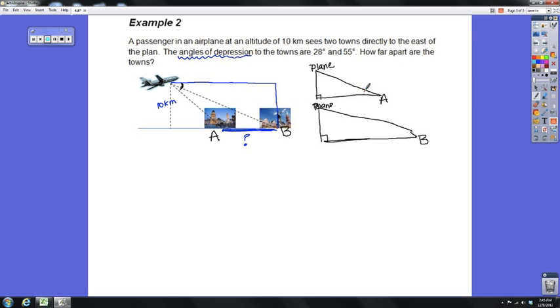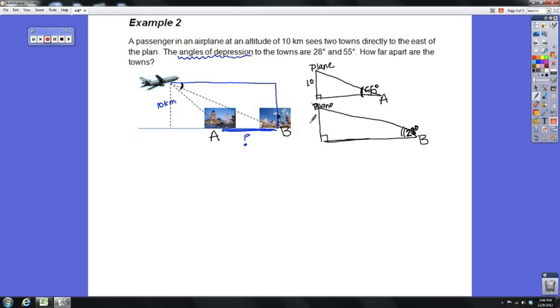I know my triangles aren't drawn to scale, but the closer town is going to have the bigger angle, and the further town the smaller angle. So this will be my 28 degree. Those would be angles of elevation, which are the same as angles of depression.